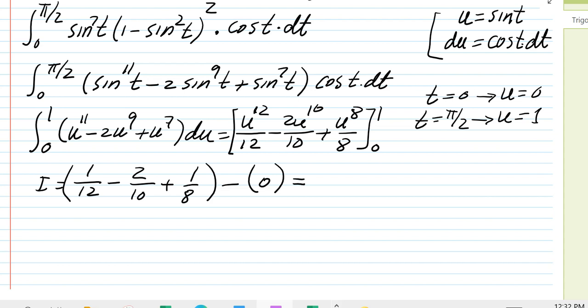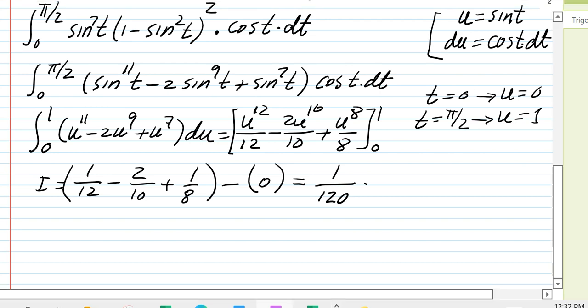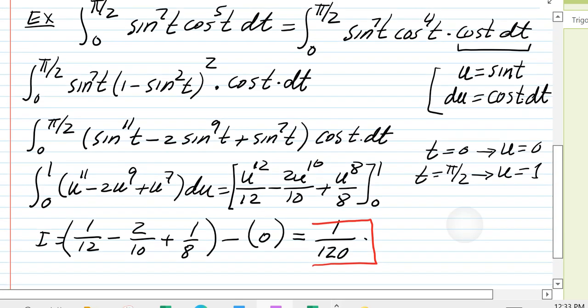Once you combine these fractions, you're going to see that the sum of all three of them ends up to be 1 over 120. Okay, so that's going to be the answer to the definite integral. So no problem evaluating it, but notice we had to go through several steps to do this.